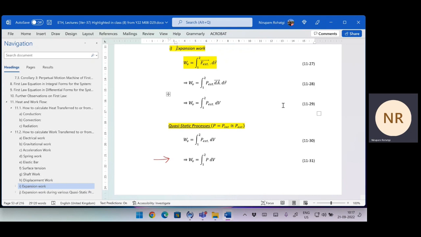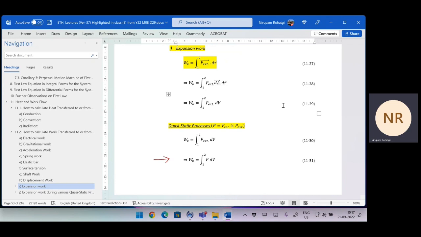We are talking about the transfer of work from system to surroundings. That is what we have to find out. If the system is doing work on itself, we are not bothered. What we are looking for is the work done by the system on the surroundings.